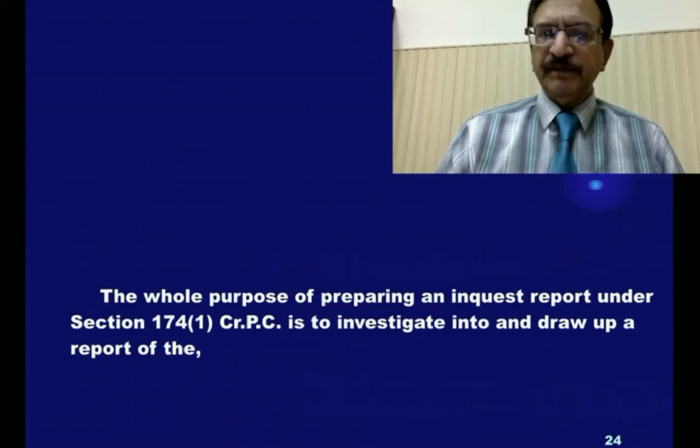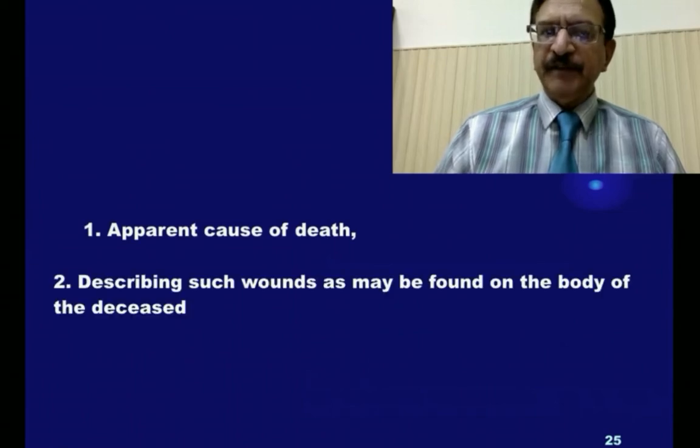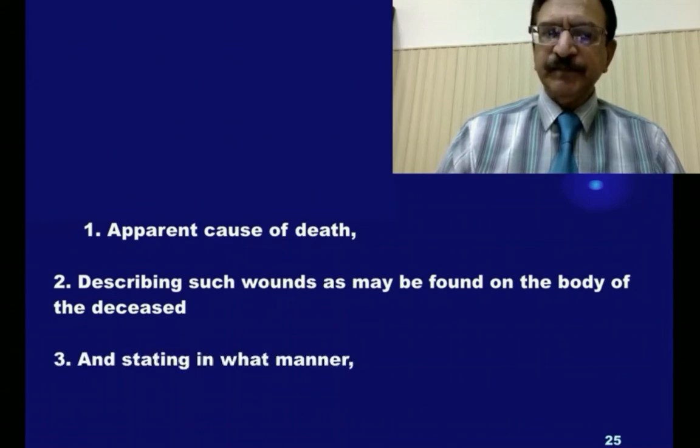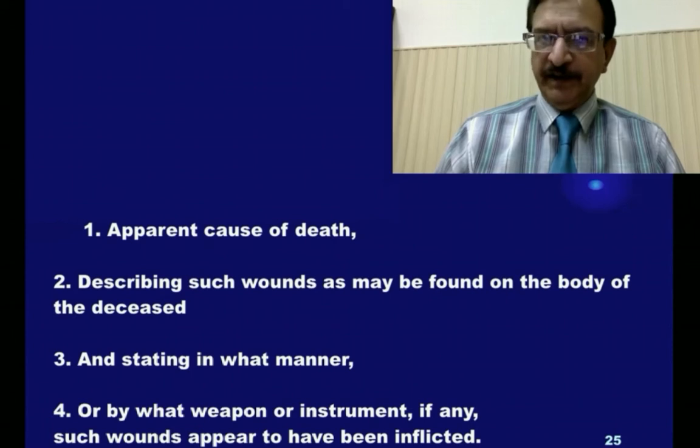The whole purpose of preparing an inquest report under section 174, subsection 1, Criminal Procedure Code, is to investigate and draw up a report of the apparent cause of death, describing such wounds as may be found on the body of the deceased, and stating in what manner they have occurred, or by what weapon or instrument, if any, such wounds appear to have been inflicted.